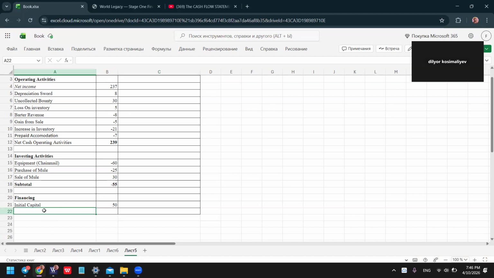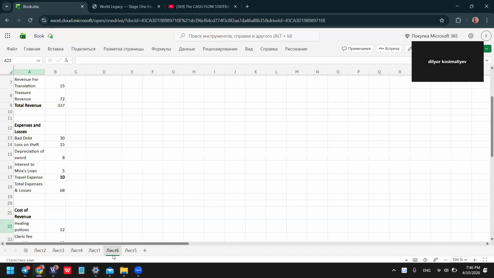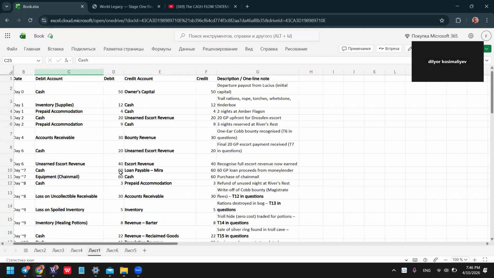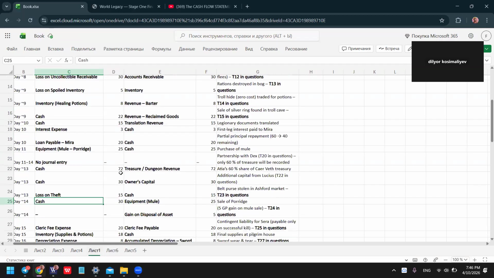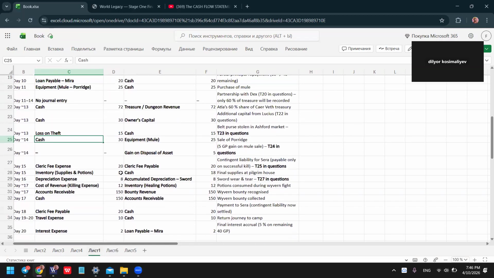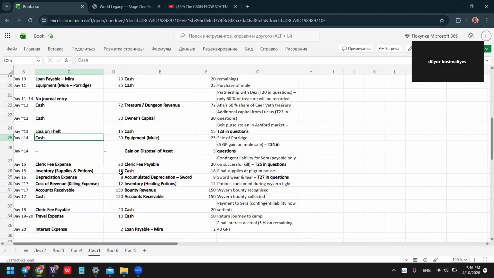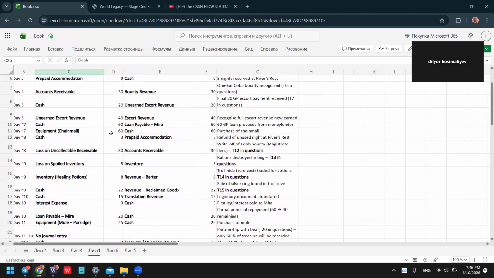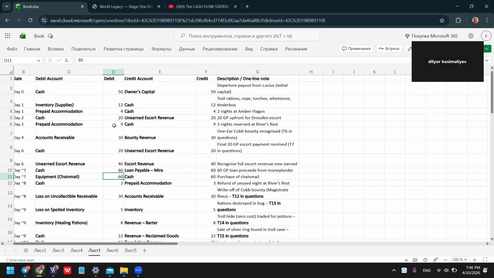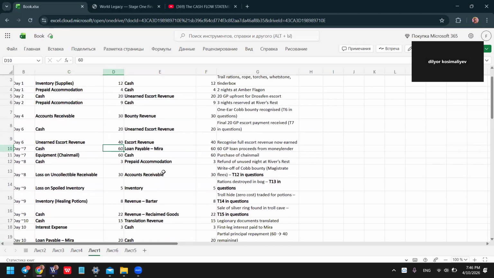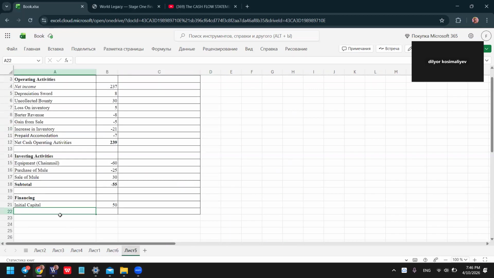She also got funding from Mia. Let me find it for you. Here, yeah. Loan. She got a loan so that she could continue her work. She borrowed money from her.